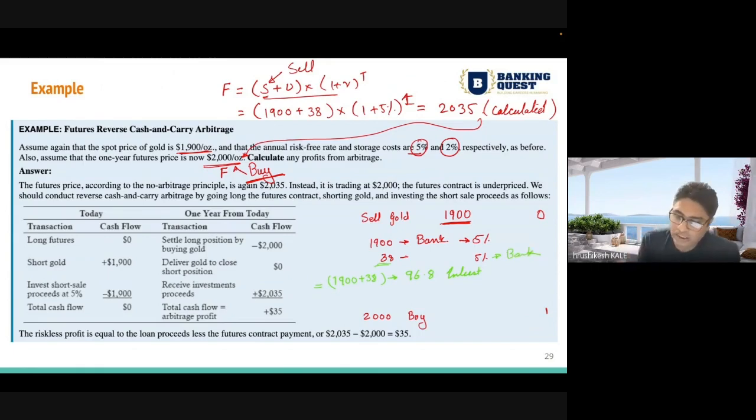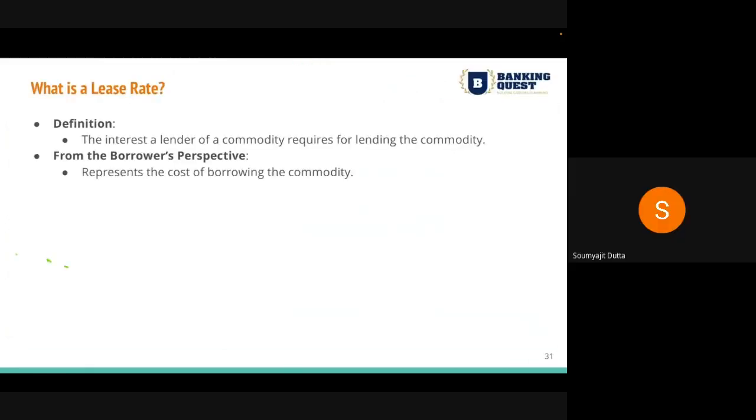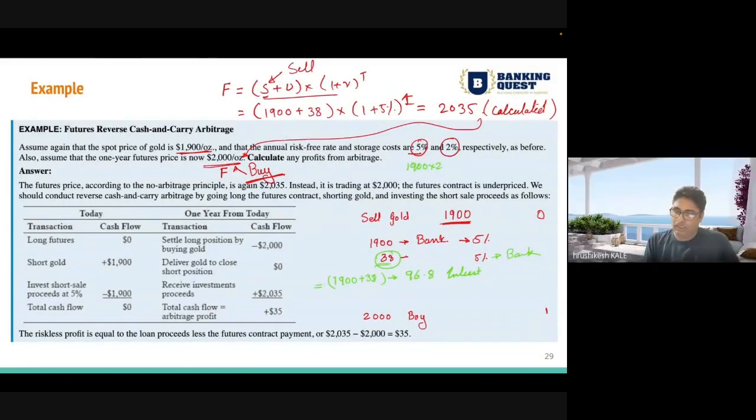Look, how do we calculate this 38? Please understand this. 2% of 1900 is the storage cost. So from that 2%, we came up to 38. Now, by selling, exactly what we got is 1900 plus 96.8, this is the interest which we got.